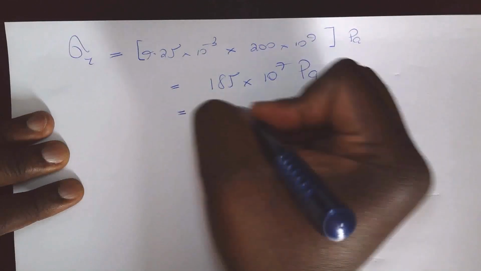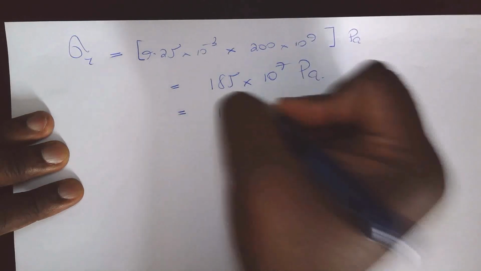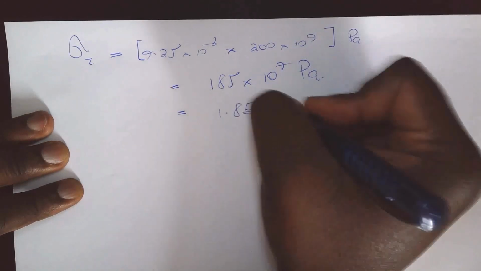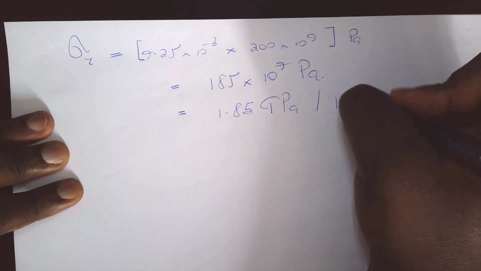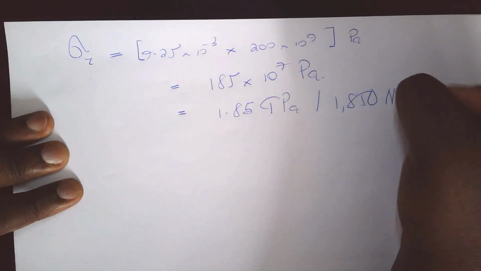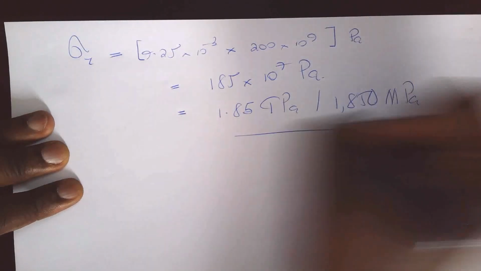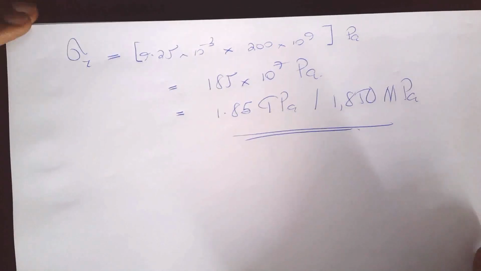That is 1.85 GPa, or if you want to go with 1,850 MPa. So we can look at that in comparison to what we got previously.